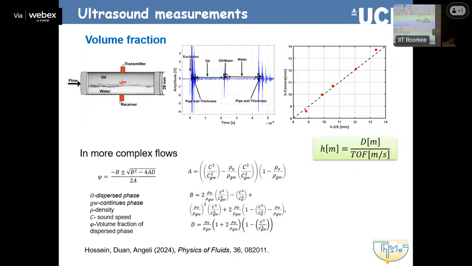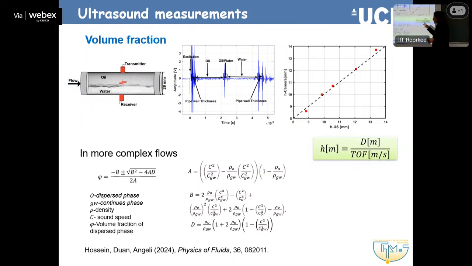We can then put in an unknown mixture, and from the time of flight see the percentage of oil. We can also do it mathematically, and that's what I'm showing you here, because the correlation is linear. The speed of sound overall depends linearly on the percentage of each of the fluids.